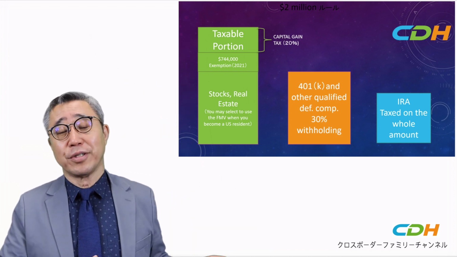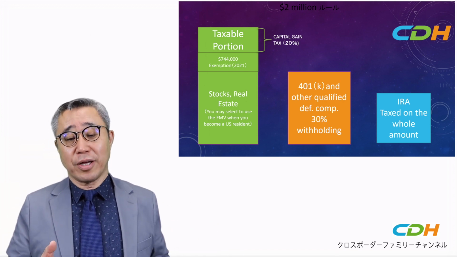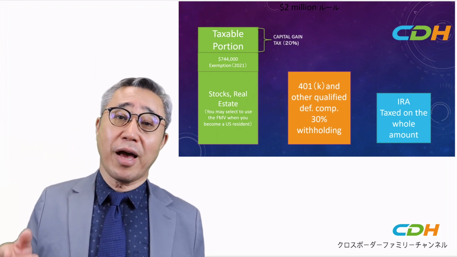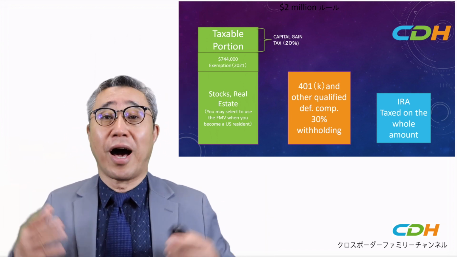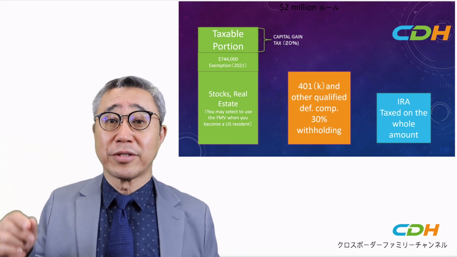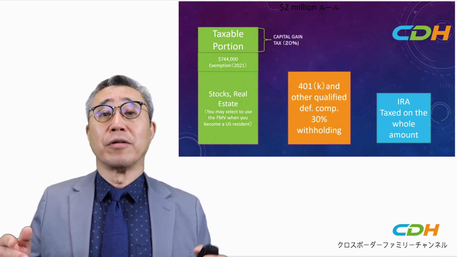The last type of asset is specified tax account, and in other words, it's IRA. And to be precise, the health savings account and Section 529.